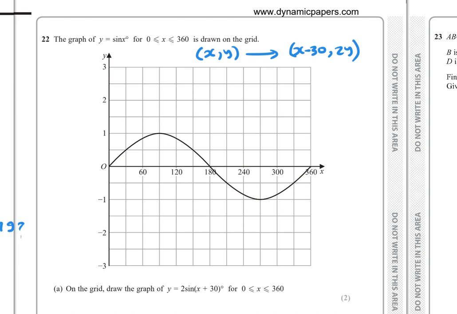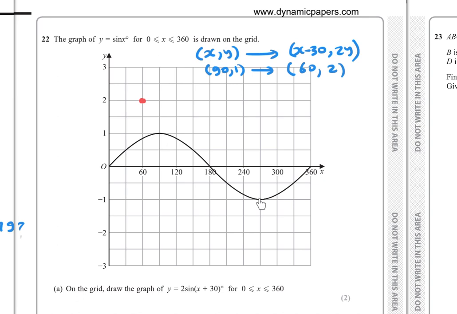So now we can find the image for the points by this rule. Now if we start with this point, x equals 90 and y equals 1, so 90 and 1, its image will be 60 and 2. So this is the new image.